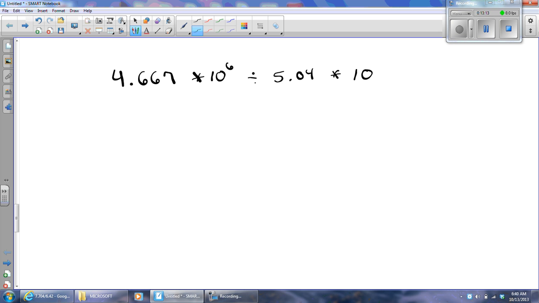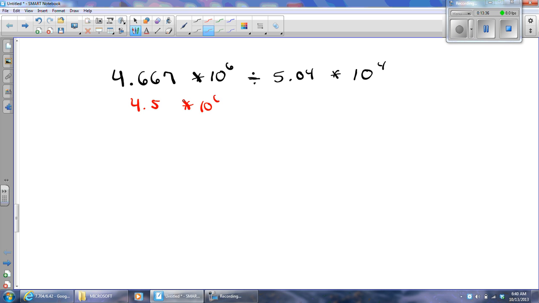Now, we're doing approximately. It is totally okay in an estimation situation for you to think about this number as, say, 4.5. Okay, it's a little bit off, right? It's going to be a little bit more than that, but I'm going to do 4.5 times 10 to the sixth.